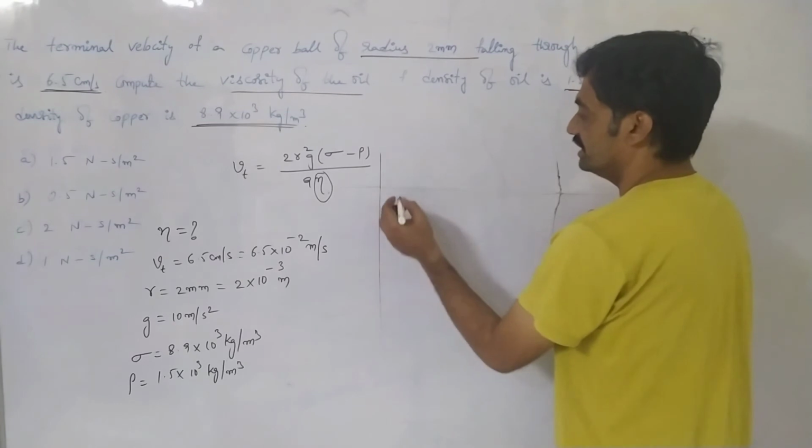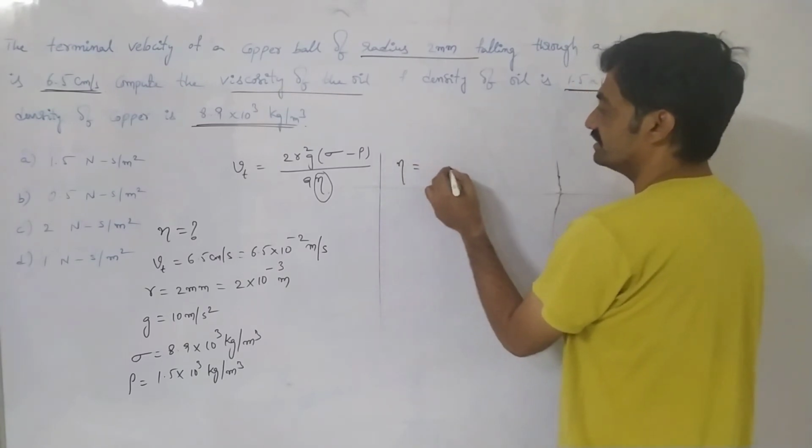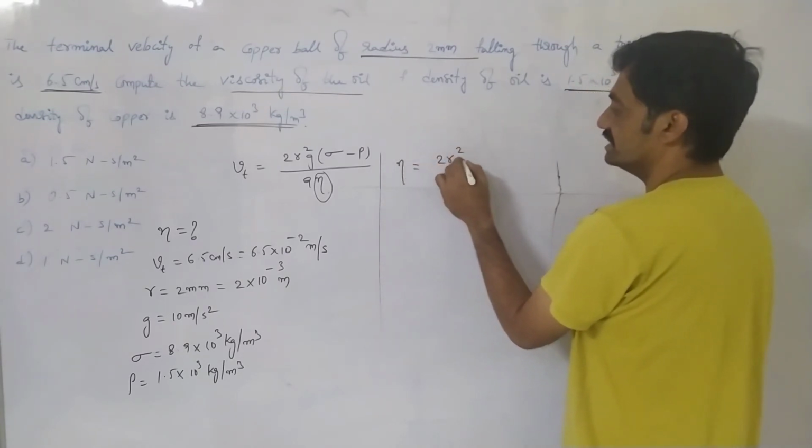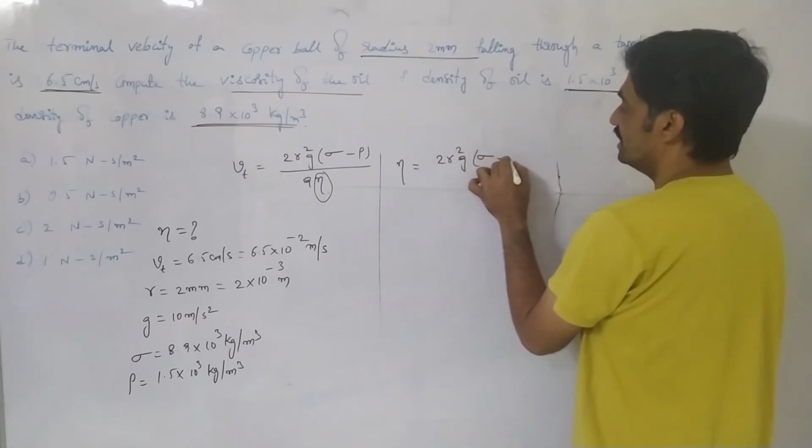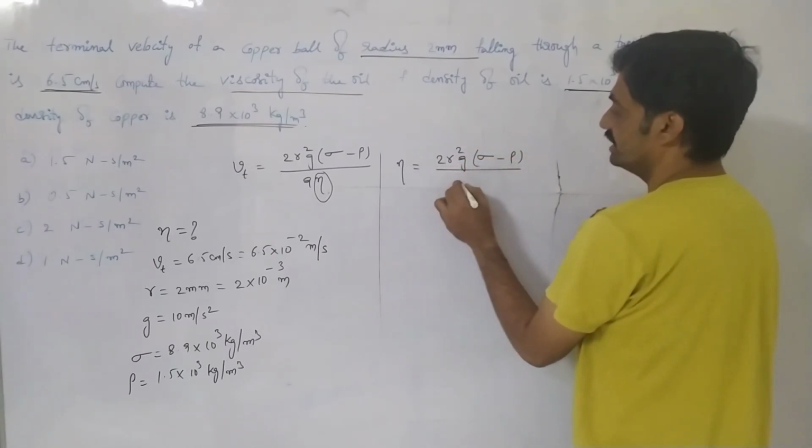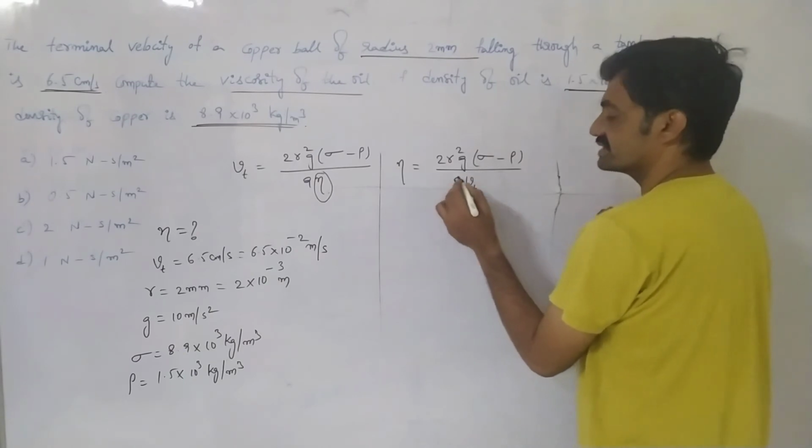From this, the coefficient of viscosity η equals 2r² g (σ − ρ) by 9 v_t.